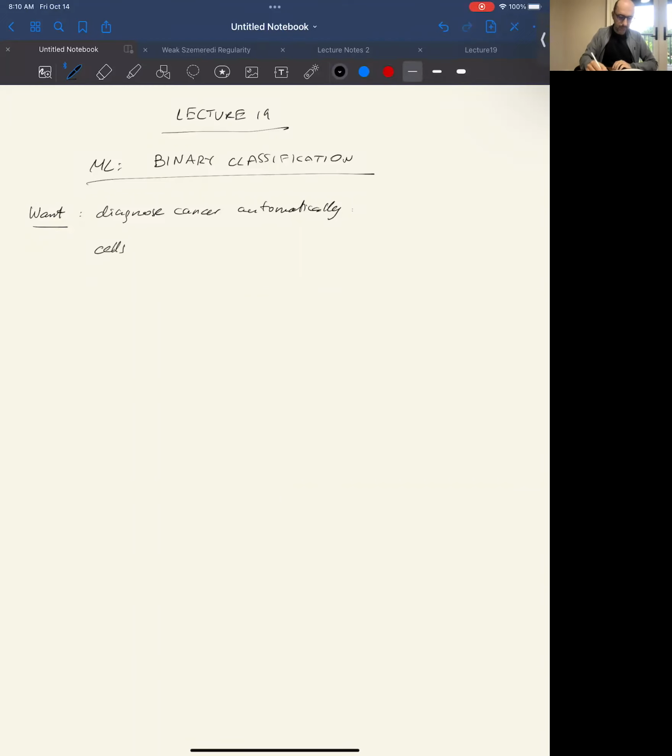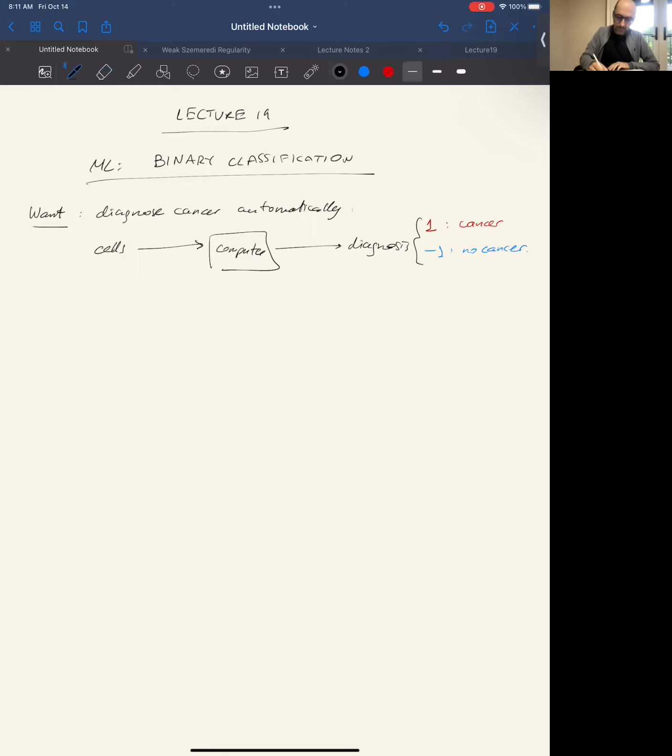This is your data, and the idea is to put it in this algorithm in the computer, and the computer will give you the diagnosis. Let's say 1 for cancer, and let's say -1 for no cancer. If the computer thinks that the cell is cancerous, a tumor cell, then it would output cancer, and otherwise it would output no cancer. So binary, plus or minus.